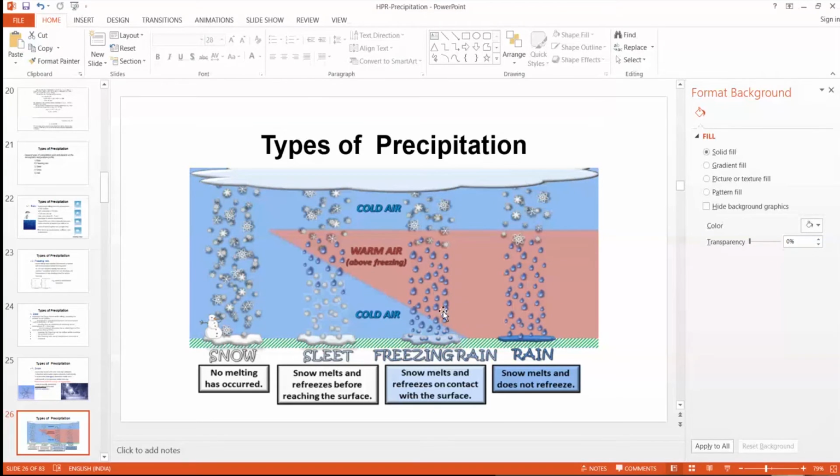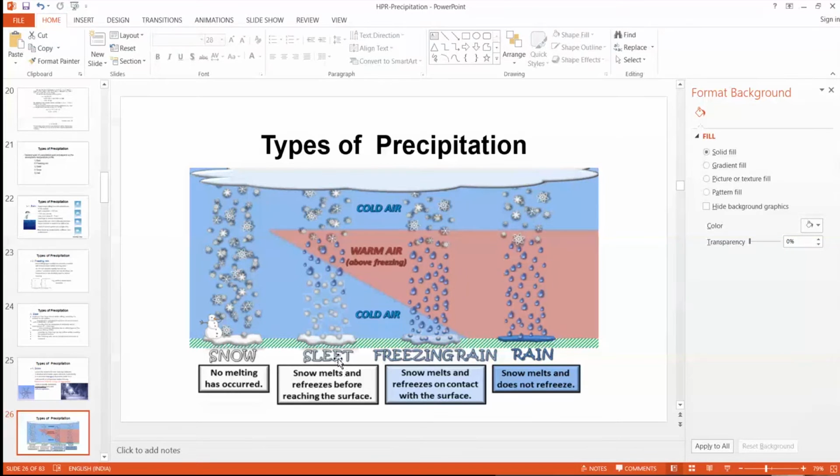In freezing rain, you see again, this snow becomes liquid droplets, but near the surface the temperature is freezing. So these droplets again become ice pellets. So this is called freezing rain. And if you look at sleet, the warm region is very small. So the snow, when it passes through this warm region, becomes liquid, and again in the freezing temperatures these droplets become ice pellets and touch the surface.